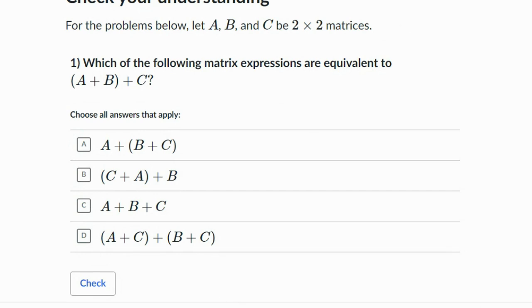Tell me what they are. Which of the following matrix expressions are equivalent to parentheses A plus B, parentheses, plus C? There's more than one correct answer. Can't it be all? It could be all.